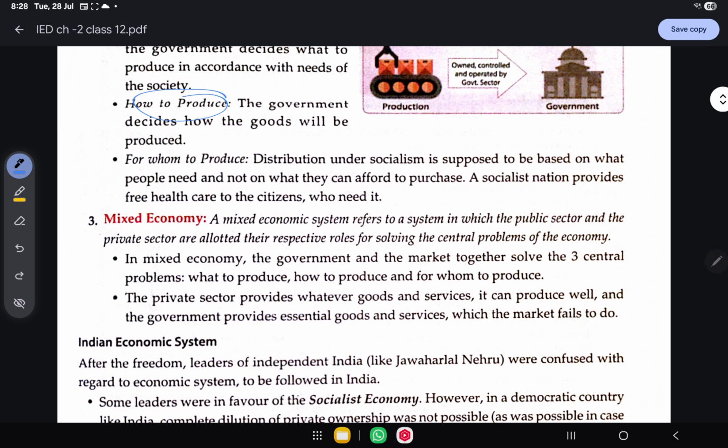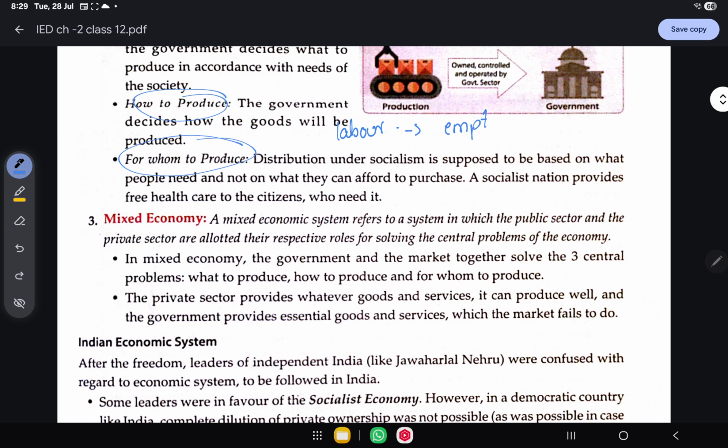So most probably it may choose labor-intensive methods, because that will provide employment opportunities. For example, a government may build roads using more workers to reduce unemployment. Okay, like that.